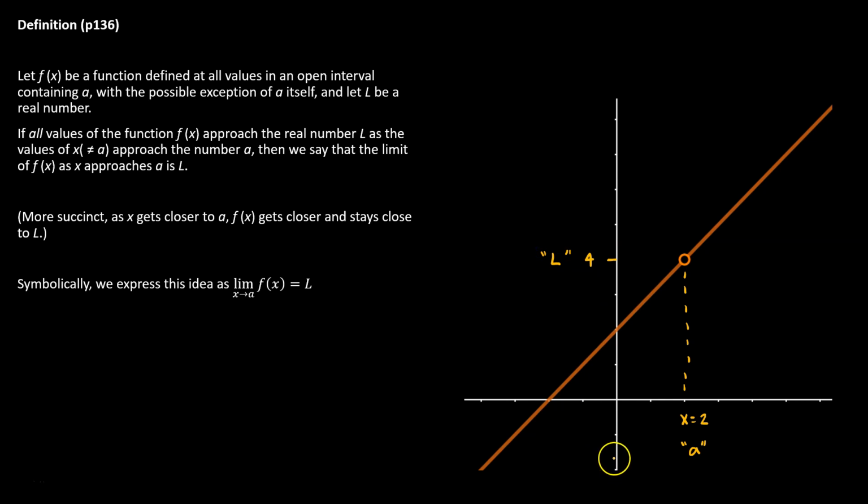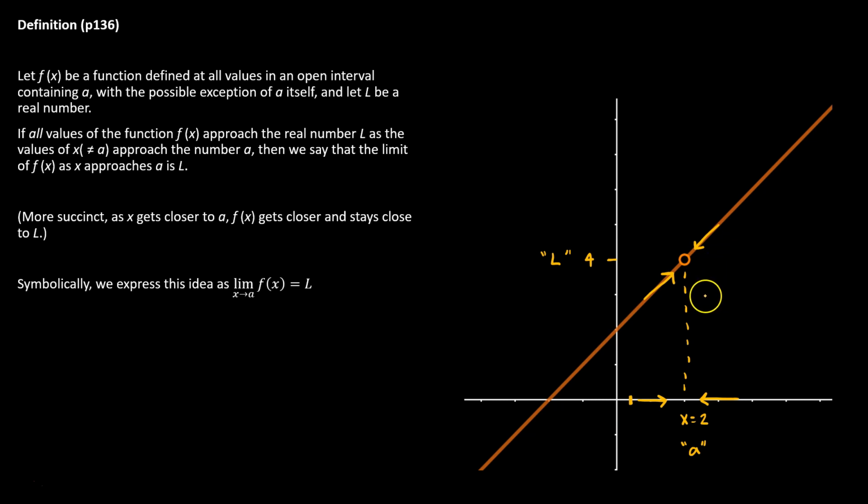This definition says if we allow some arbitrary x value to approach a from either side, then the function value needs to be approaching 4. If I'm following the graph on the left, it's zooming in on 4, and if I'm following the graph from the right, it's zooming in on 4.